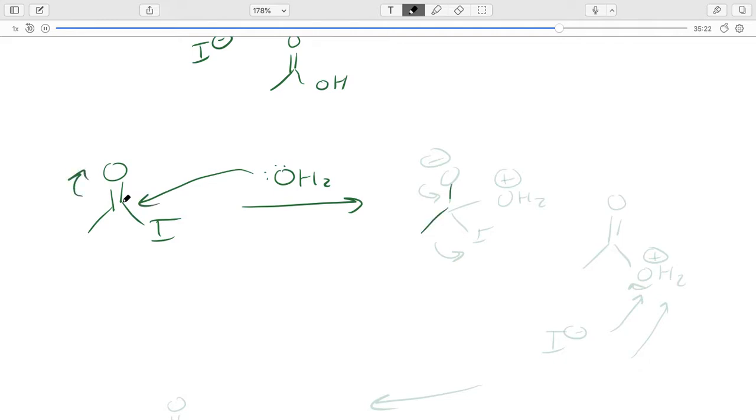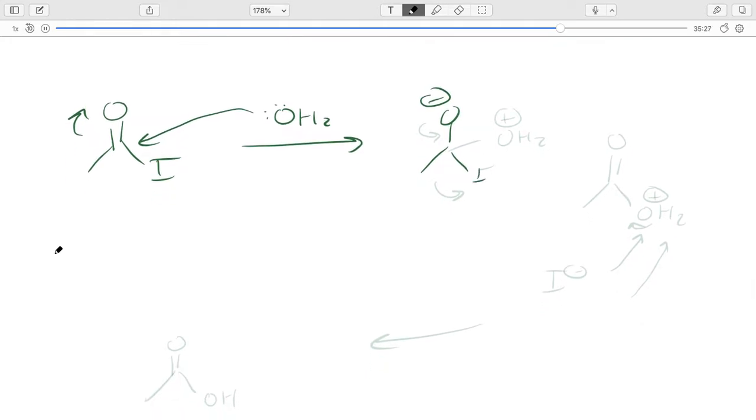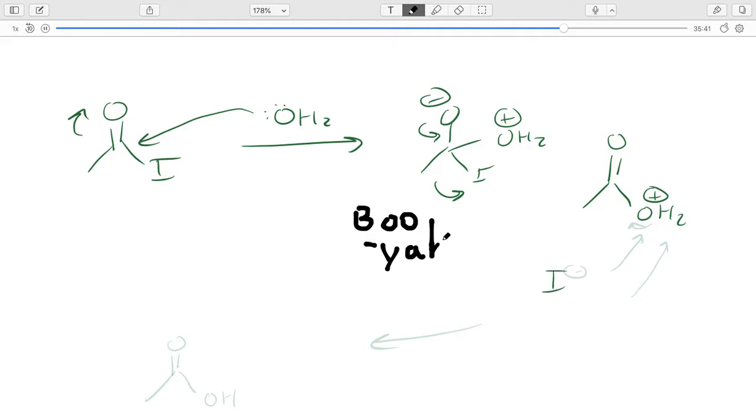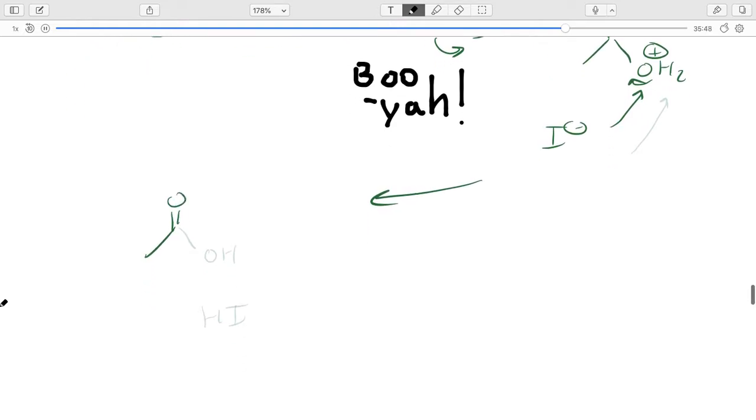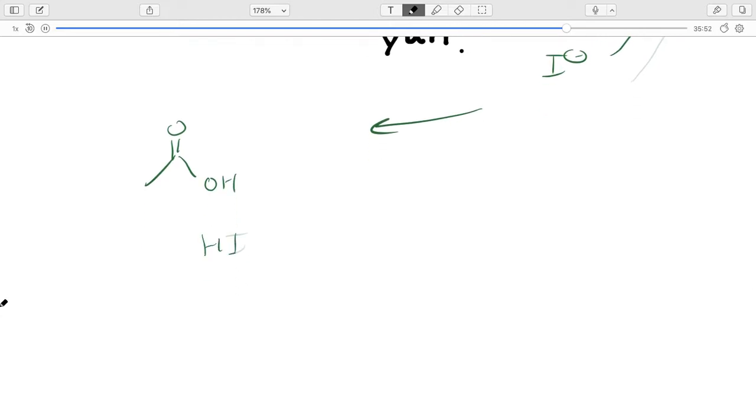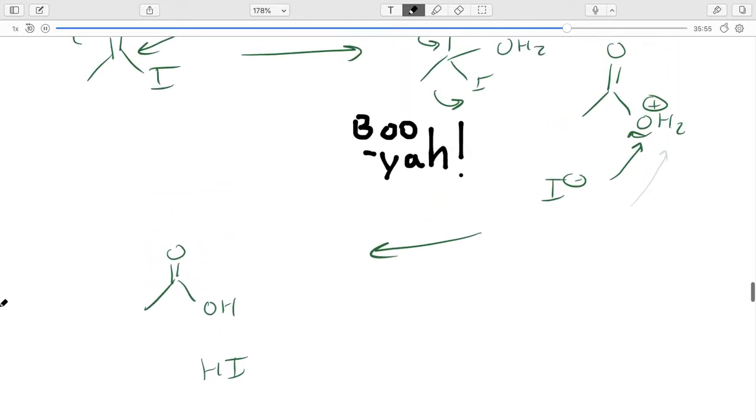So we do that. Kick off the iodide, forming this. Then I. So you're asking why is it iodide versus water?